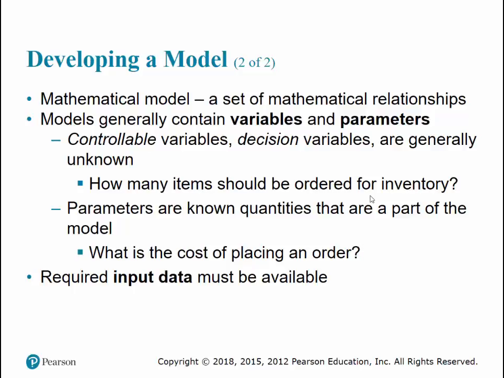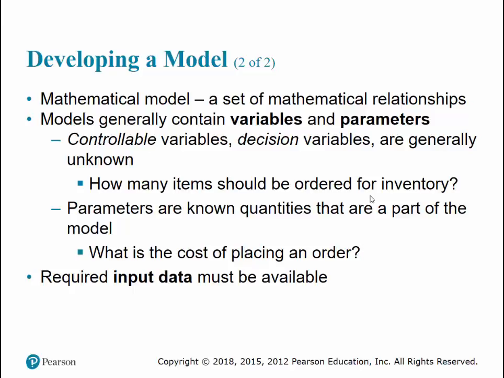In a different example, suppose you have demands that you have to meet and the demand fluctuates, goes up and down, but you have to maintain a steady level of production for stability reasons. You don't want your production to go up and down. So what is the steady state level of production? How much should you produce? That would be your decision variable.